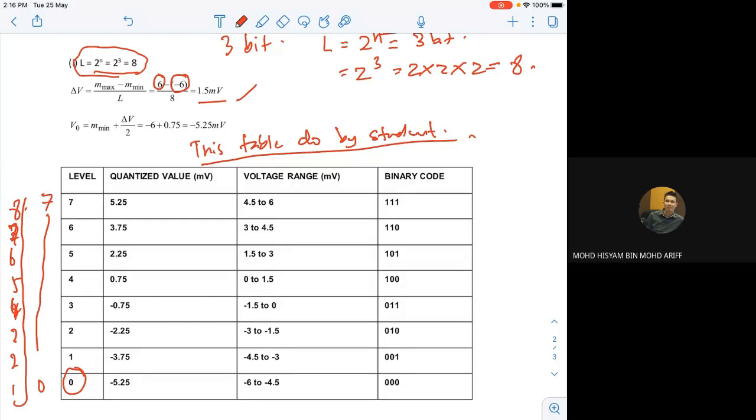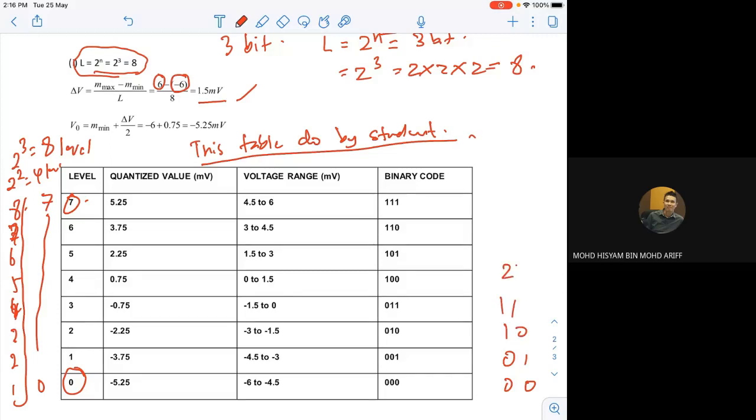After that, you get values from 0 to 7 because 2 power of 3 equals 8 levels. If 2 power of 2, you get 4 levels, and you just stop at 0, 1, 2, 3: 0 0, 0 1, 1 0, 1 1.